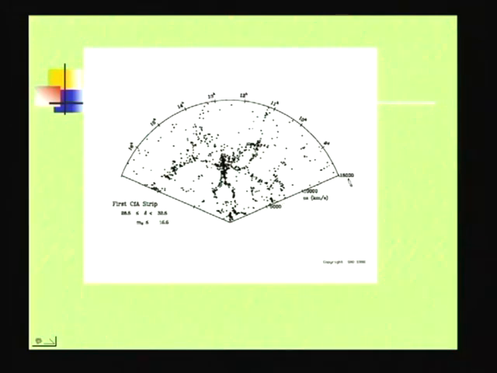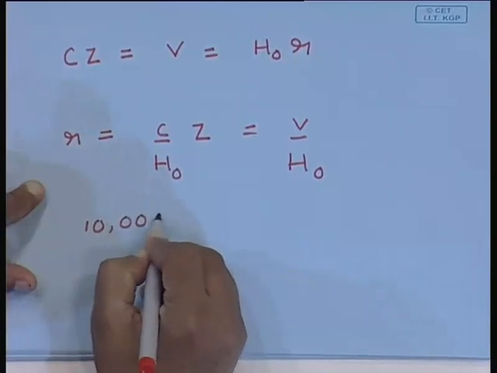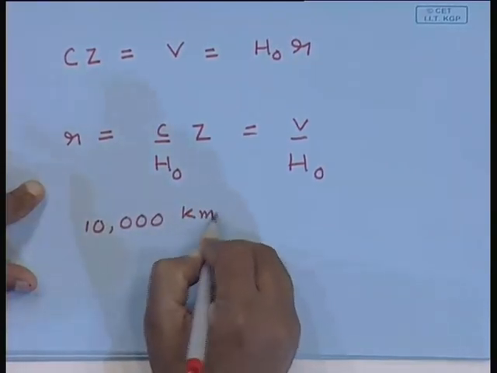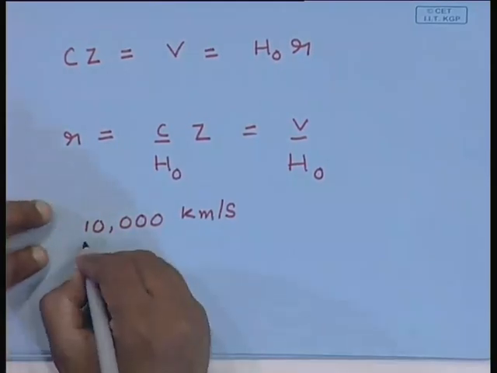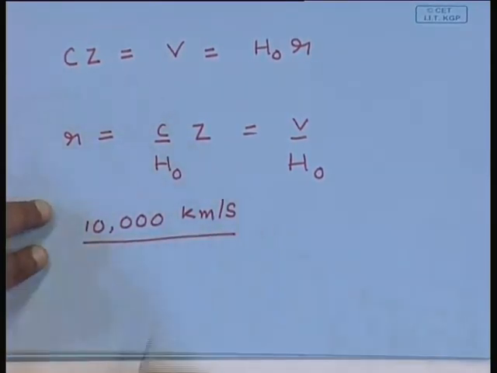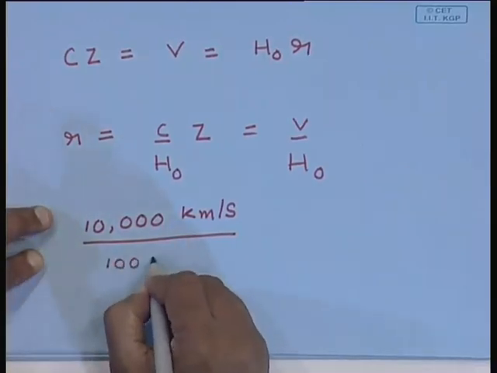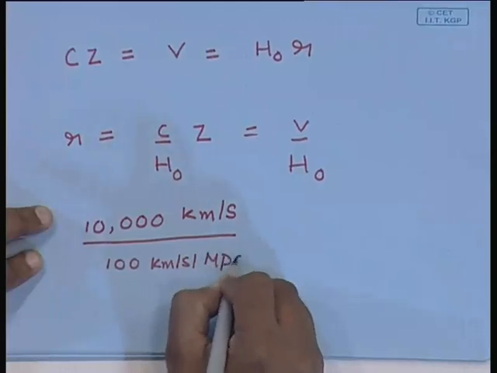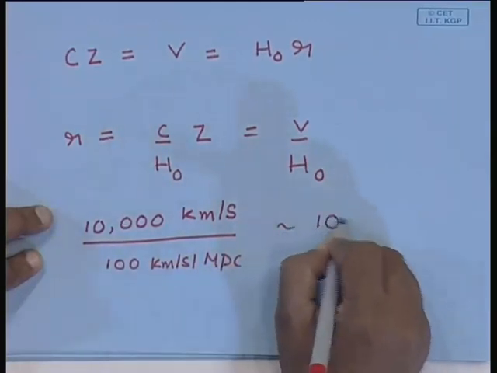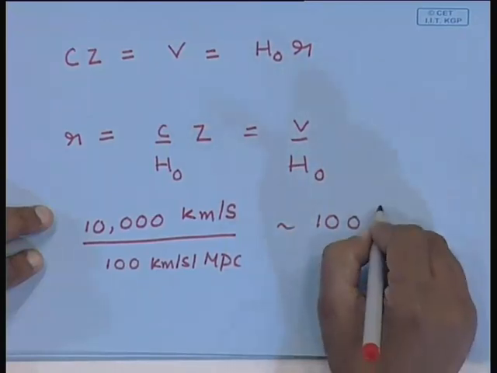So, if I have, let us say, 10,000 kilometers per second, and I convert this to distance by dividing by 100 kilometers per second per Mpc, this extends to of the order of something like 100 Mpc.